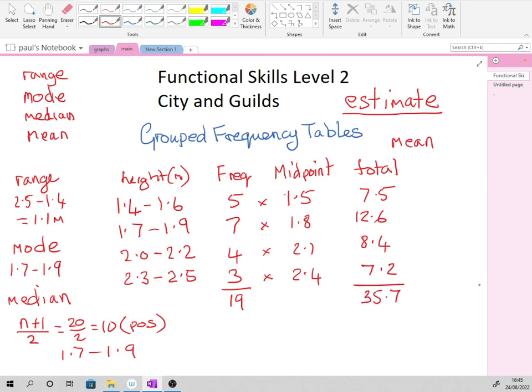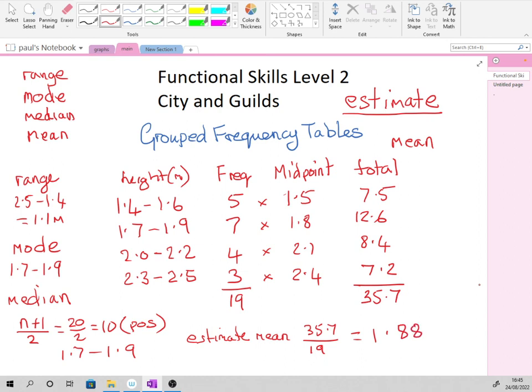So this is the number of people, say, and this is the total height. So to find the estimate of the mean, I'm going to write estimate of the mean is 35.7 divided by 19, which is equal to 1.8.